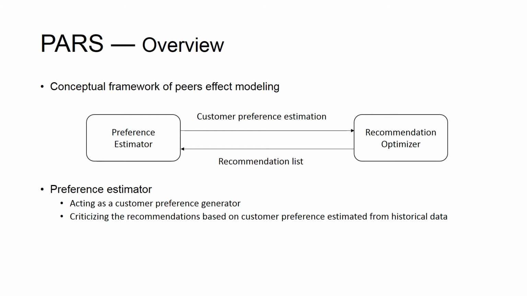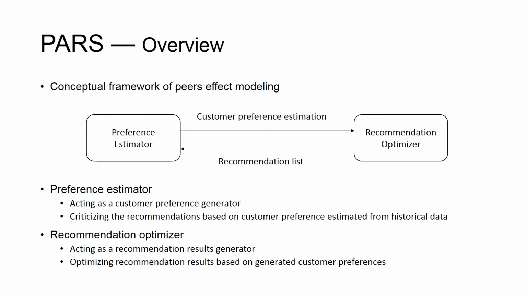The second component is a recommendation optimizer. The recommendation optimizer acts as a recommendation result generator. It optimizes recommendation results based on the generated customer preference. These two components are iteratively trained and learned. We find the final results by training these two modules.